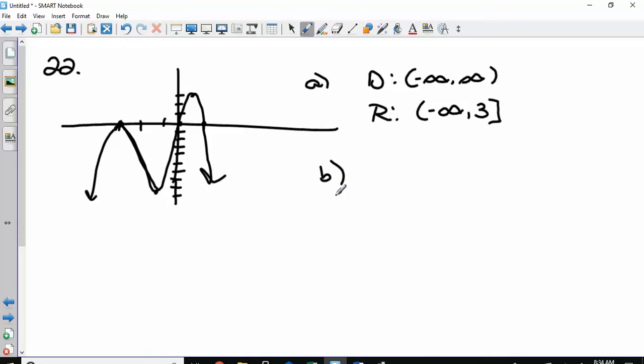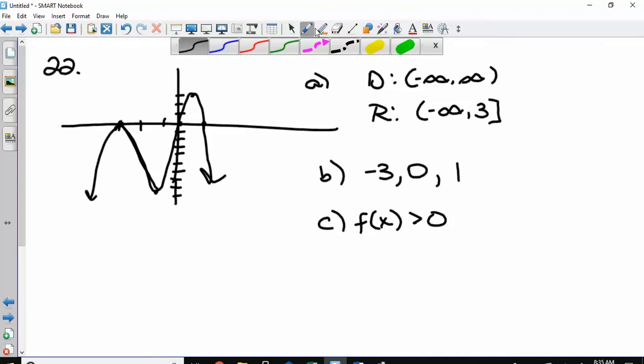Okay, B, zeros. What are zeros? Same thing as x-intercepts. This thing hits the x-axis at negative 3, 0, and 1. Now I want to know where f of x is greater than 0. Greater than 0 is above the x-axis, so it's right here.